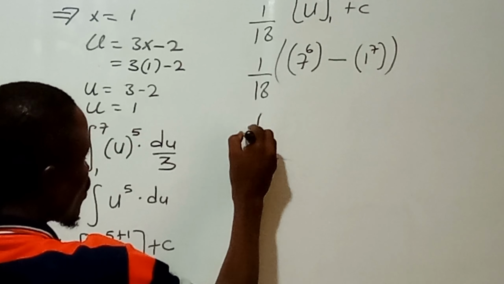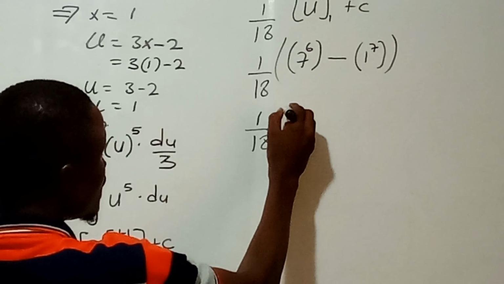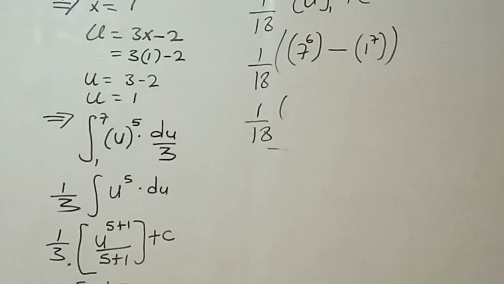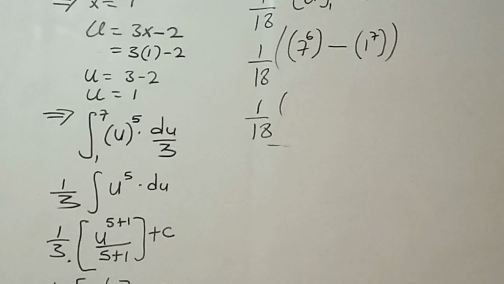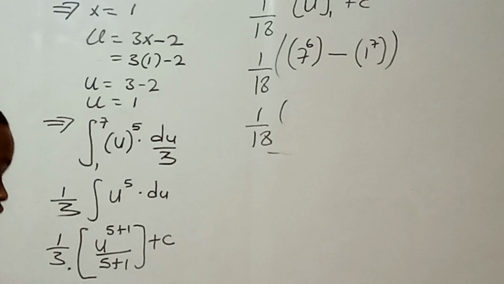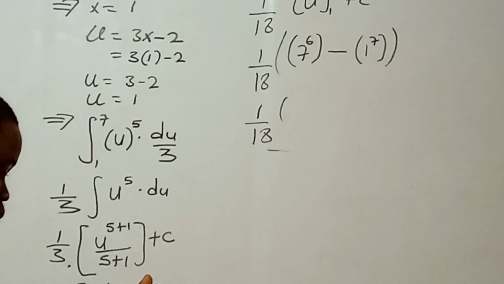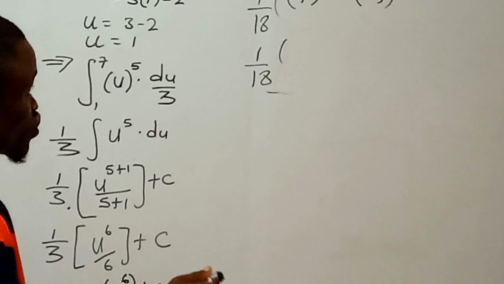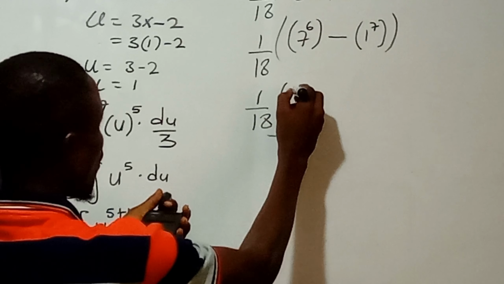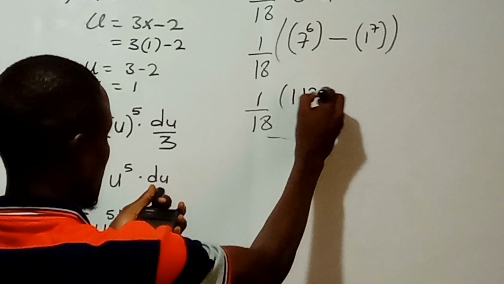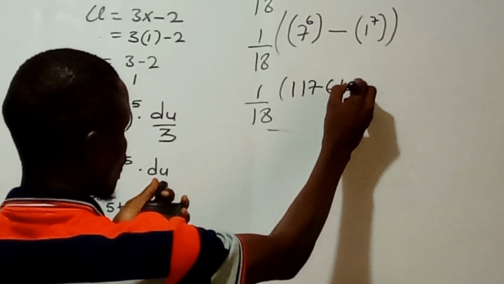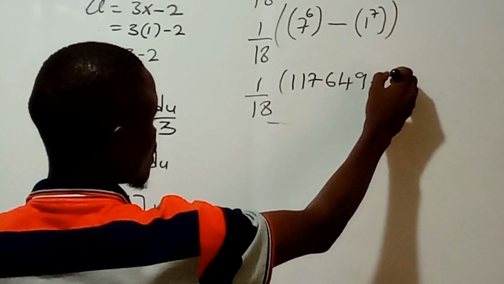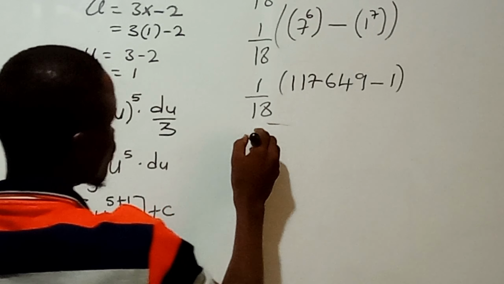So 1 upon 18 into, you take your calculator. 7 raised to the power 6 gives us 117,649, minus 1 raised to the power 7, which is just 1.